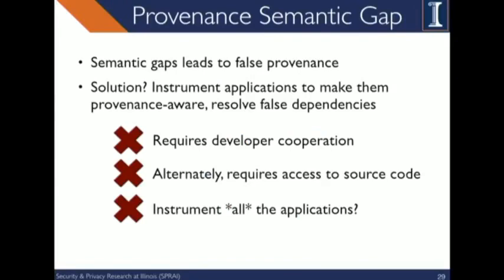So this semantic gap problem is real. It leads to false provenance, and it very much threatens to undermine the usefulness of these things that we're doing within the operating system. So there's a lot of different solutions to this problem, and some of them have been proposed by Dongyan and the group here at CERIAS. We could instrument the application to make it provenance aware, would be one straightforward thing to do, right?